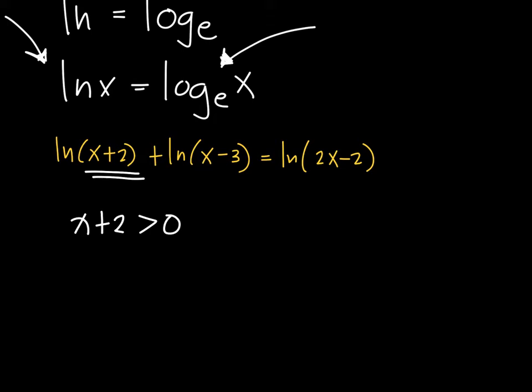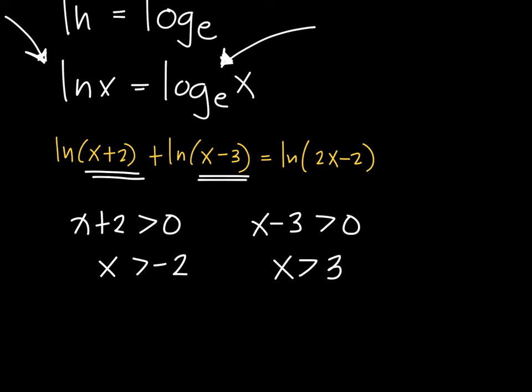So when we solve for this, x must be greater than negative 2. Otherwise, if you find an x in the solution, that x will not be accepted. In the same way, x minus 3 must also be greater than 0, and that means x must be greater than 3.